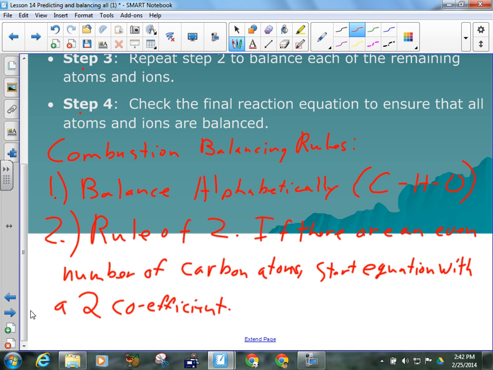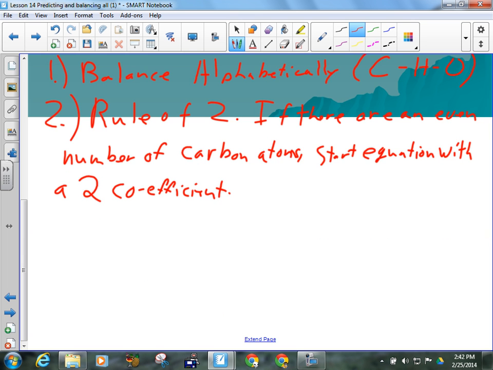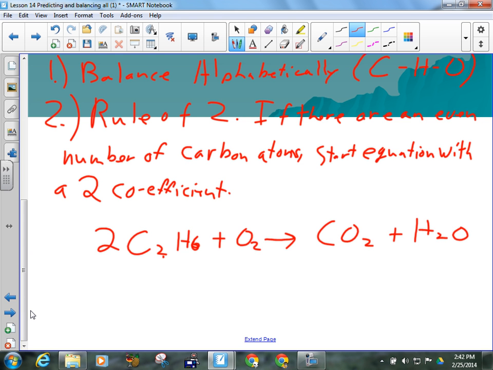If there's an even number of carbon atoms, then you must start the equation with a 2 coefficient. What I mean by that is if I had, let's say, C2H6 plus O2 going to CO2 and water, as soon as I see that there's an even number of carbons, I put a 2 here to start with, and then I start balancing alphabetically after.